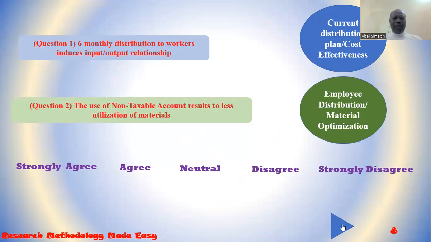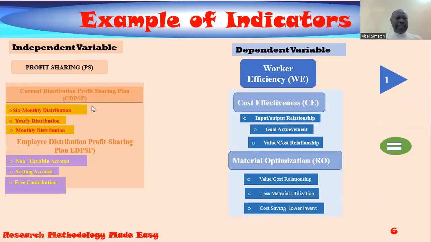You know where I got this one from? This one that I just mentioned now, look at it here, current distribution plan. One of them is 6 monthly distribution. So I have to ask the question relating it to input-output.